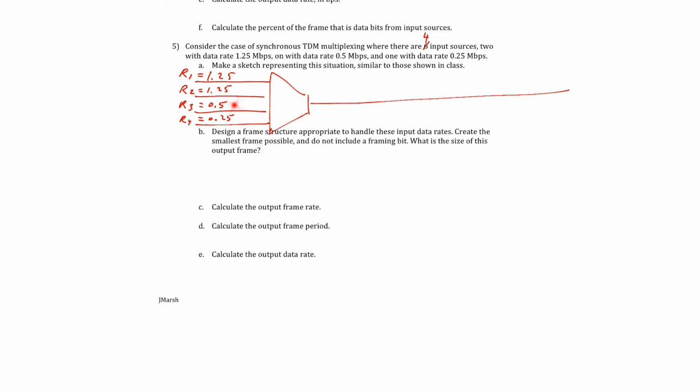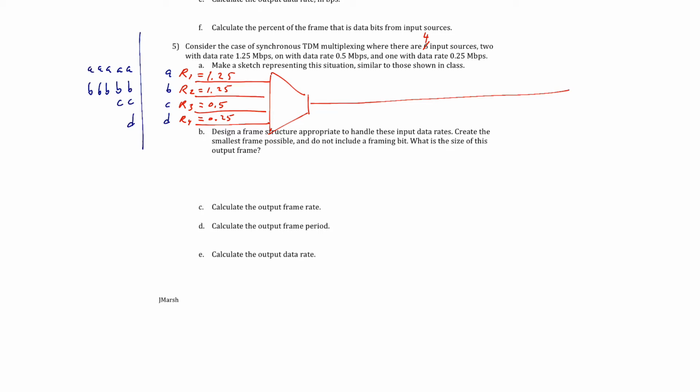Let's call these A, B, C, and D. So in the time it takes for 1 bit to arrive from source D, 2 bits arrive from source C. Similarly, 5 bits arrive from source B, and 5 bits arrive from source A, because source A and B are 5 times faster than source D. And so, in a certain amount of time, we're going to get all these bits arriving.